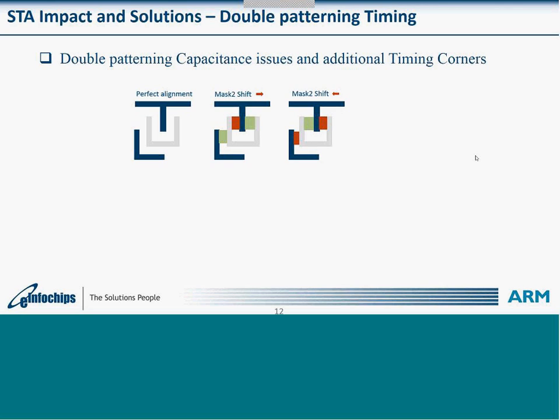So there is a chance that these two masks can also misalign. For the metal layer, the mask shifting left or right creates different capacitance in the same metal layer polygon, or even moving up and down creates different capacitance. So here, cross capacitance corners are also getting added.